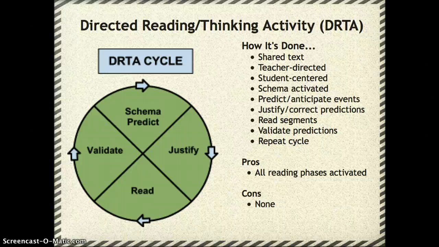Once they've read to that certain point, the students talk about what they read, they justify any predictions they may have had, or they decide that predictions may have been incorrect. Then they read again to the given stop, they validate again what they might have predicted, and go on, and they continue this cycle throughout the reading until the teacher has had them finish what she wanted them to do.